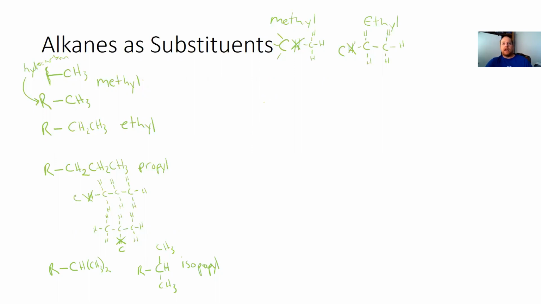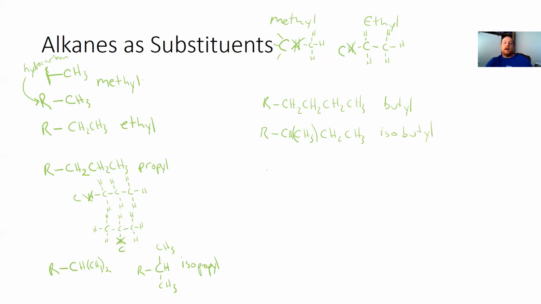R bonded to CH2, CH2, CH2, CH3 has 4 carbons, so that will be a butyl substituent. Or if you had R bonded to a CH, CH3, CH2CH3, that would be isobutyl.